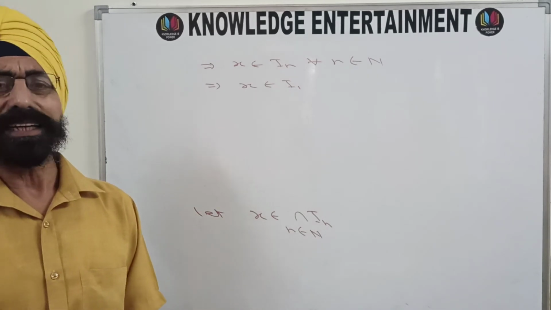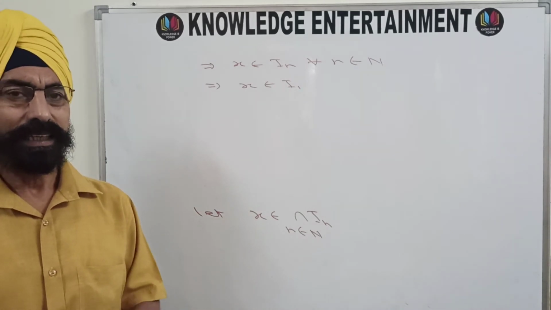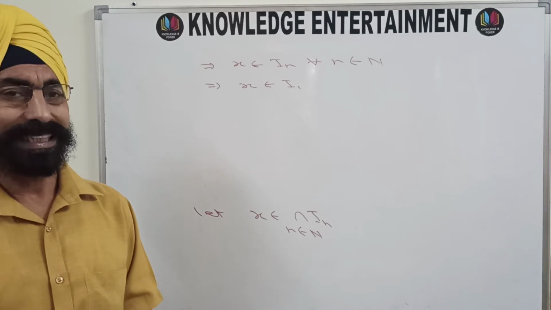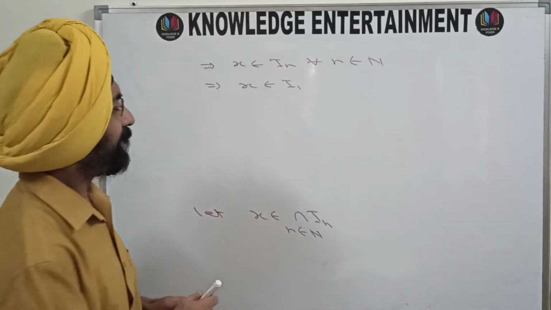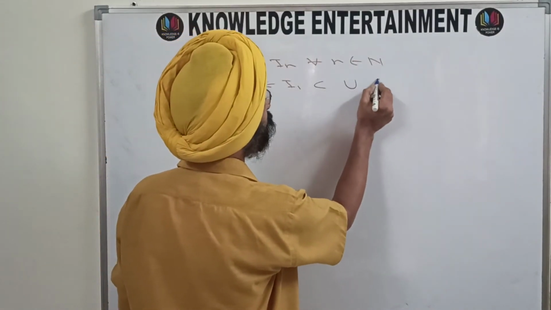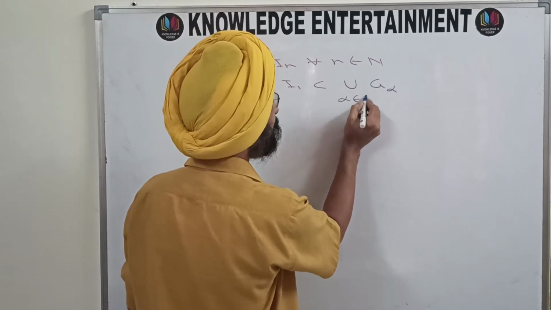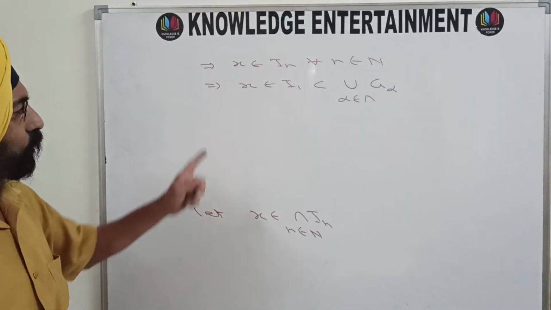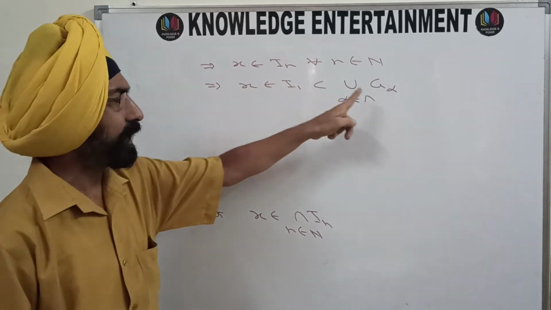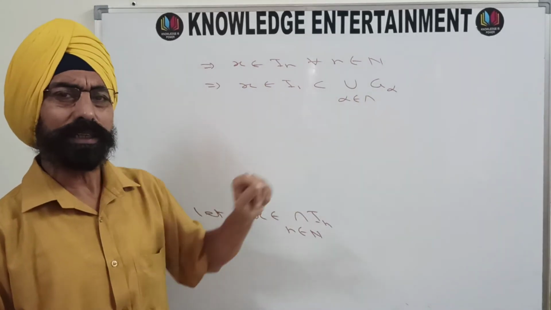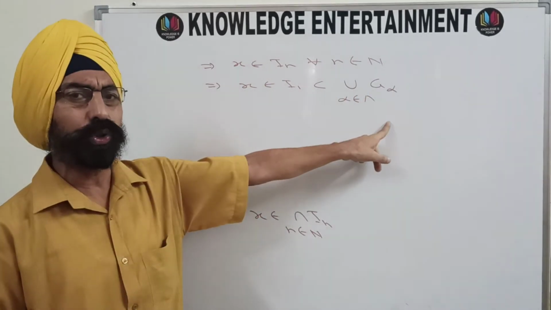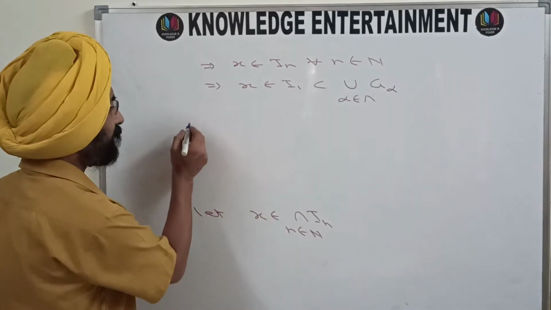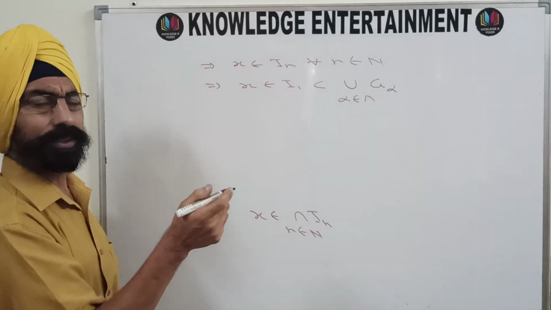But I1 has an open cover, C. So I1 is a subset of the union of members of C. So x belongs to this union, and x belongs to this union means x belongs to some G alpha.